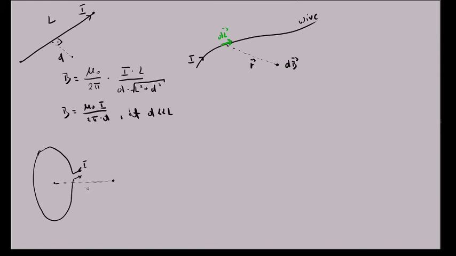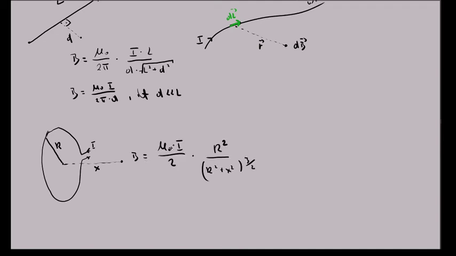I think we used x, that was x away. The magnetic field at this point is, well, let's give this r. So the magnetic field here equals this.